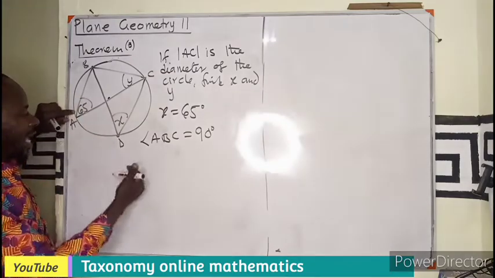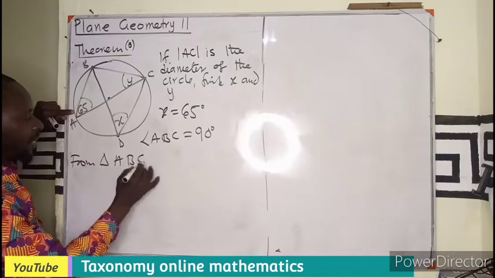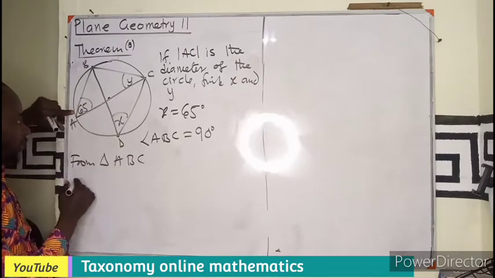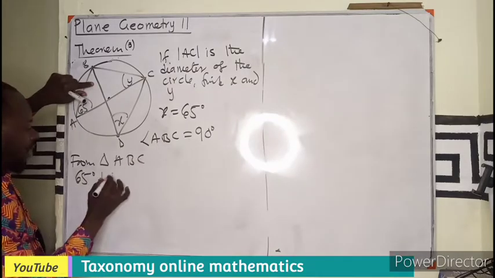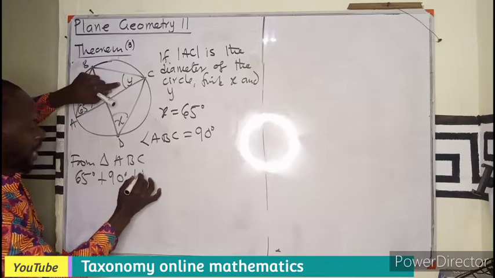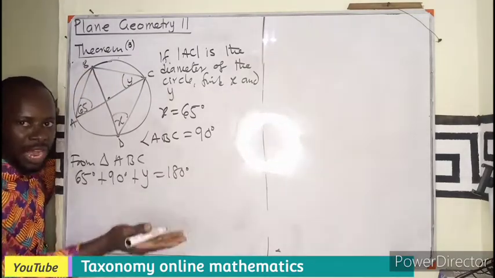Then from there I can say that from triangle ABC, the sum of the angles, 65 degrees plus the angle we just found, 90 degrees, plus y should give us what? 180, the sum of angles in the triangle.